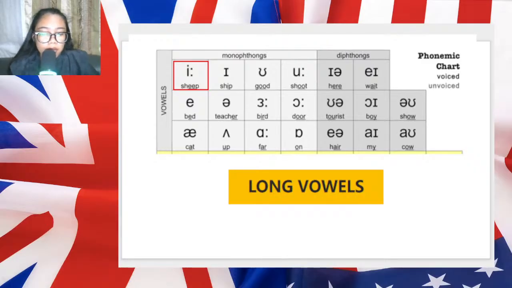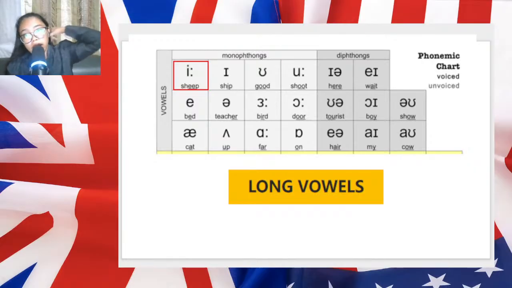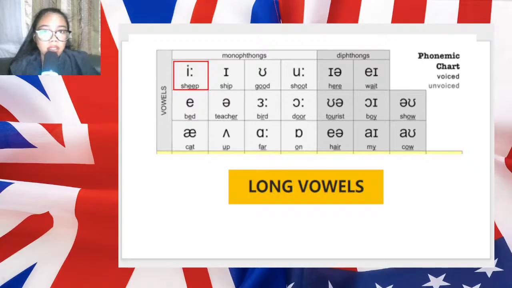Distinguishing between short and long vowels is very important in English because they make different words, okay? There are certain words that can be interchanged in pronunciation, and of course those words mean totally different things. For example, ship and sheep.